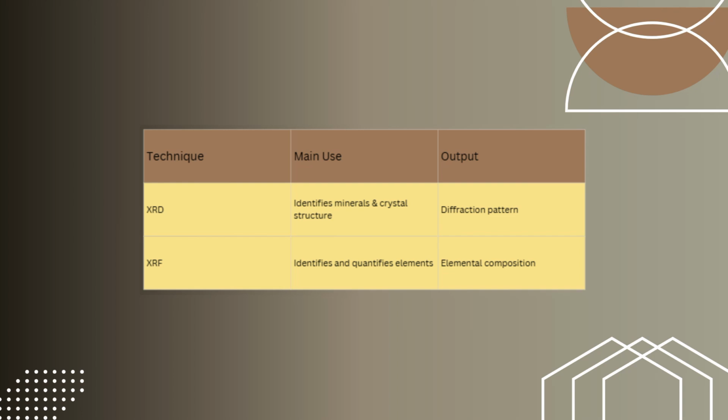The XRF identifies and quantifies elemental composition. So in summary, XRD and XRF are complementary techniques. XRD is used to identify minerals and crystal structure, while XRF is used to determine the elemental composition of an ore or material.